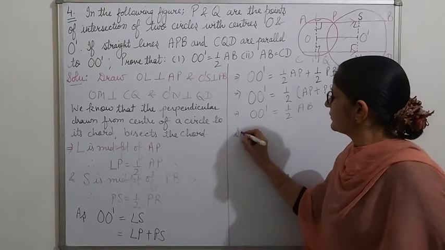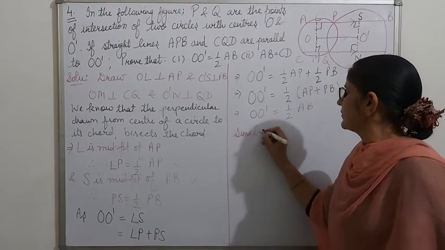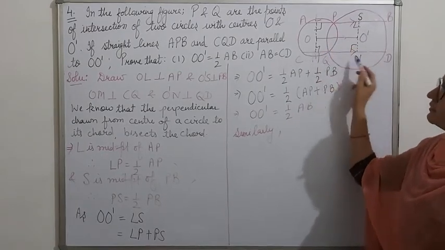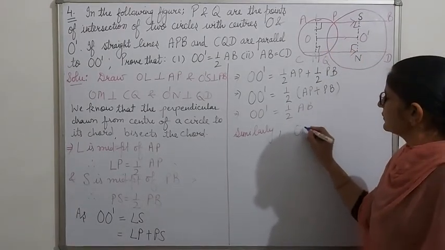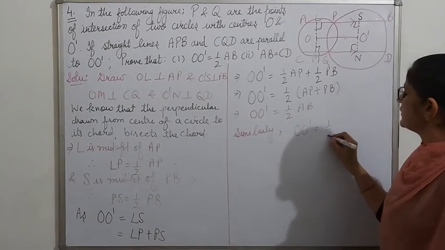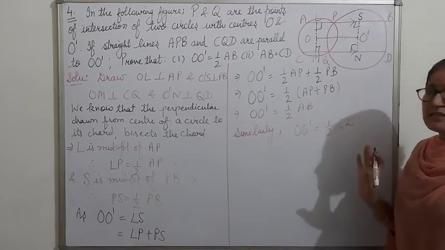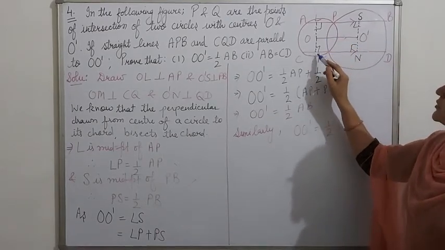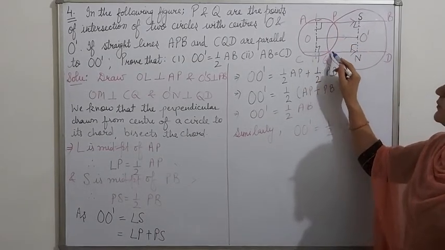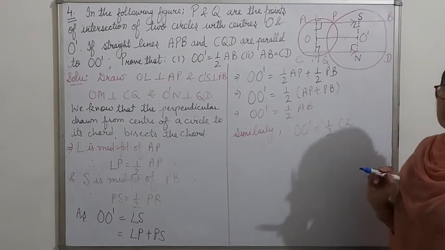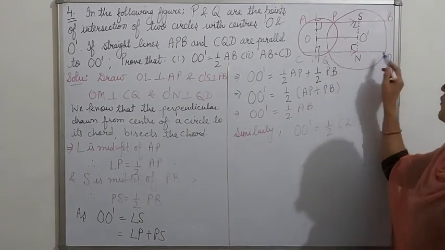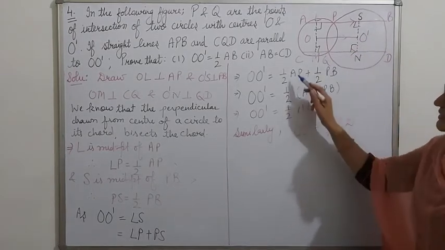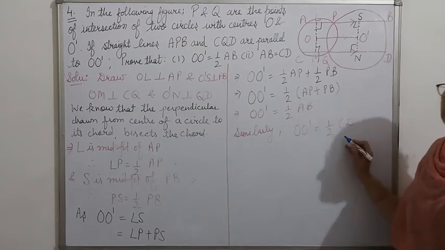Similarly, if we go with the same steps here, then OO dash will be equal to half of CD, or not? We go with the same steps. We write here OM perpendicular to CQ. So this is the midpoint. MQ is half of CQ. Here, QN is half of QD. Then OO dash is equal to MN, and then we substitute the values the same way, and we get this result.